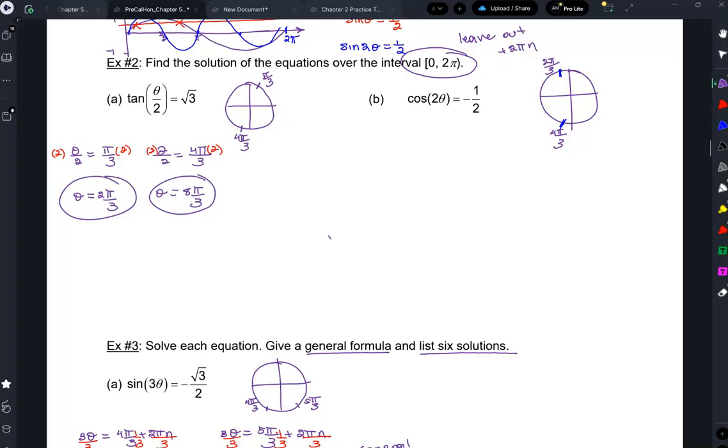So when the angle is 2 pi over 3 and when the angle is 4 pi over 3. Now, what's the general form? It would be this plus 2 pi n, and this plus 2 pi n.